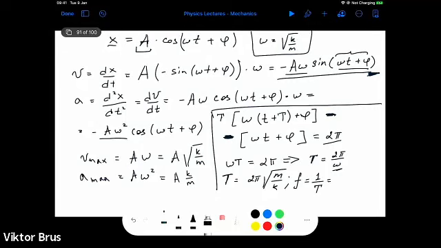And then it will be equal to 1 over 2 pi times the square root of k divided by m. So period and frequency of oscillations are important parameters which describe simple harmonic motion and can be calculated using these equations, which are based on the properties of the system under investigation, which is the mass of the block and the spring constant.